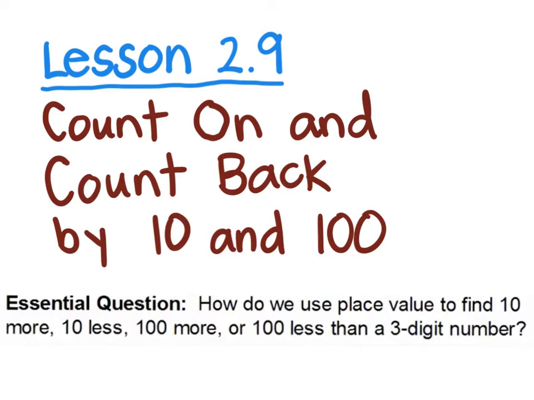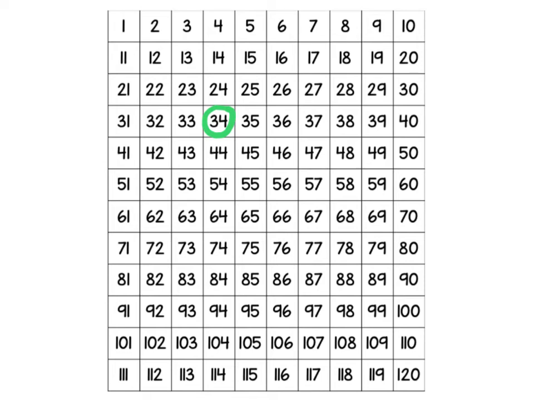That was a mouthful. Let's start by looking at a hundreds chart. This looks just like the hundreds chart that you have on the paper to put in your pocket sleeve. I circled 34 because today is the 34th day of school. Now let's figure out what is 10 less than 34.